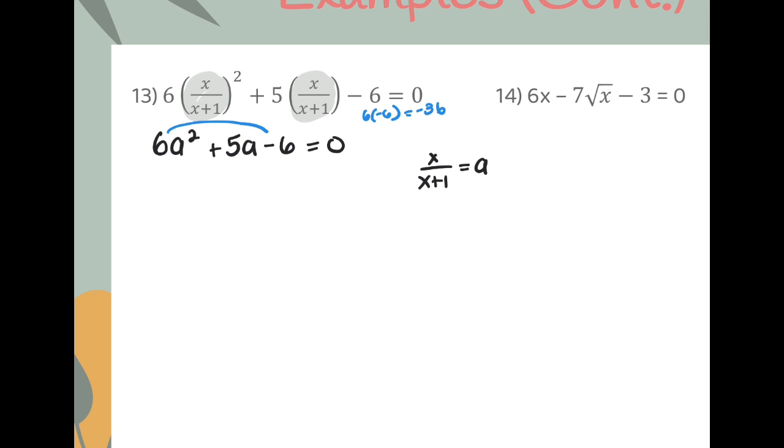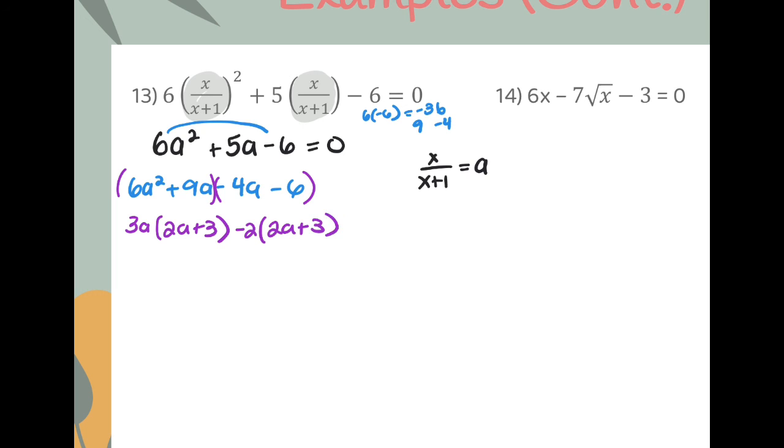Factors of -36 that sum to 5 would be +9, -4. Replace the middle term with those two. And factor by grouping. Take out a 3a here, and I get 2a plus 3. Take out a -2 here, and I get 2a plus 3. Then the 2a plus 3 comes out, and the 3a minus 2 gets grouped together.